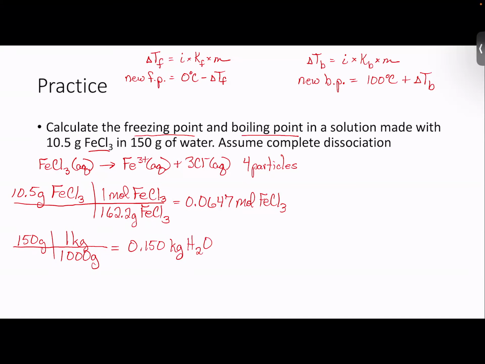And now we can calculate the molality. Molality is going to be equal to the moles of solute, 0.0647, divided by the kilograms of solvent, 0.150, which means it's 0.432 molal.